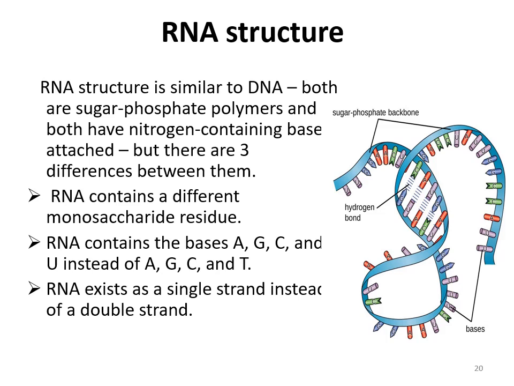Second, RNA contains the bases adenine, guanine, cytosine, and uracil instead of adenine, guanine, cytosine, and thymine. Third, RNA exists as a single strand instead of a double strand. So DNA is a double-stranded molecule, and RNA is a single-stranded molecule.